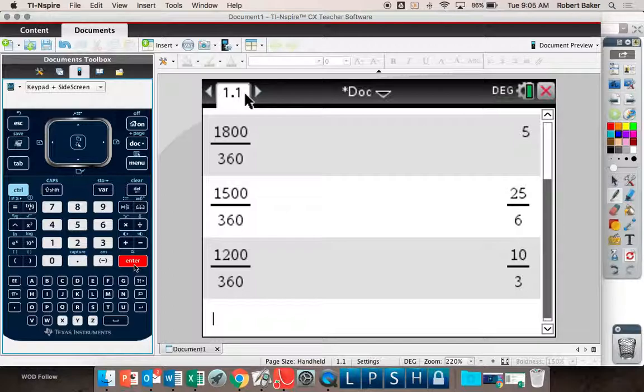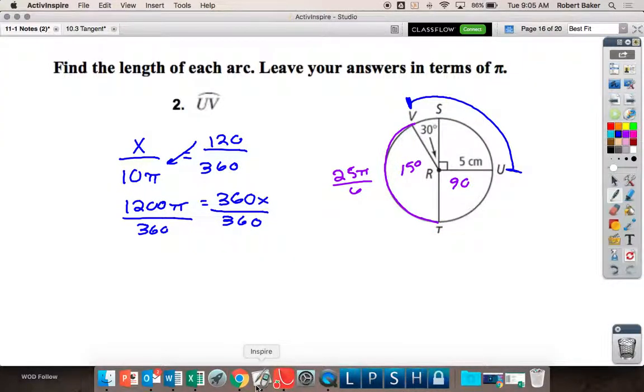Arc UV equals 10 pi over 3. So we leave the pi on top, even though we're simplifying this fraction. So this piece is 10 pi over 3, or 20 pi over 6.